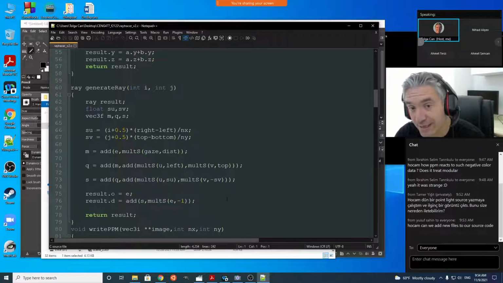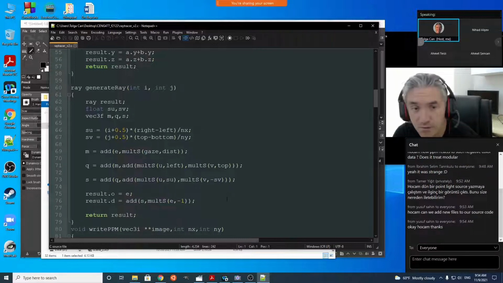If it's not specified directly that you have to provide a single source file, you're free to use multiple source files, as long as you provide a makefile along with those. The way you would add new files is that you would compile them separately as object files and then link them in your makefile at the end.